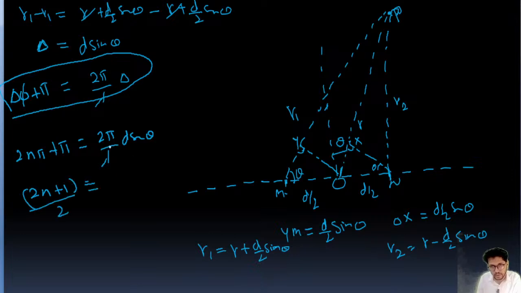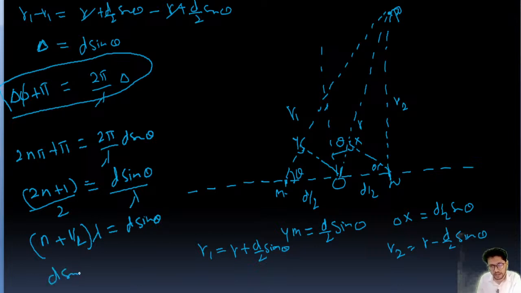So this is d sine theta upon lambda, right? So this is going to be n plus half. Lambda will go to this side, and this is d sine theta.